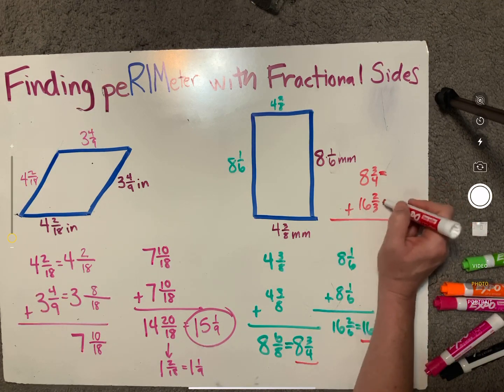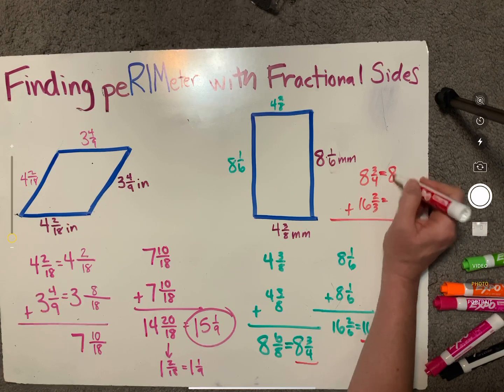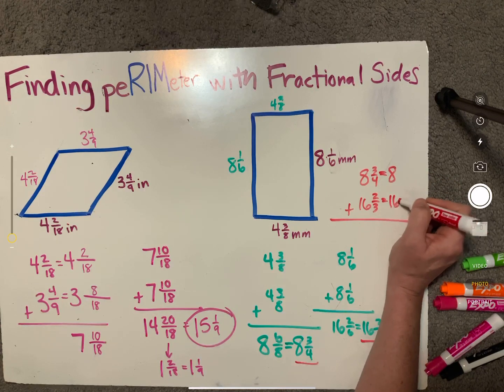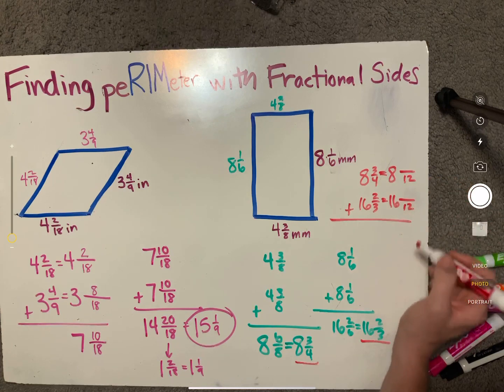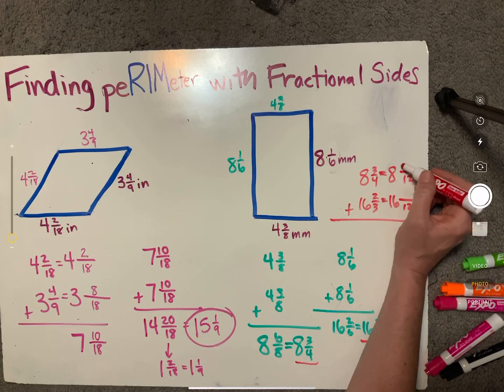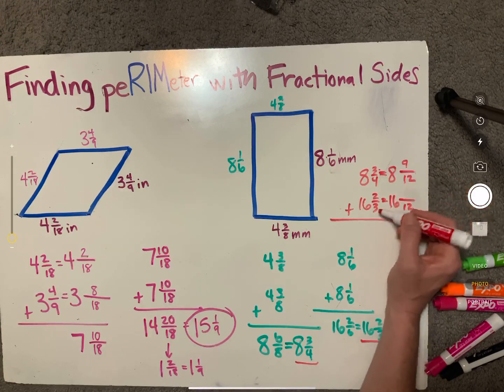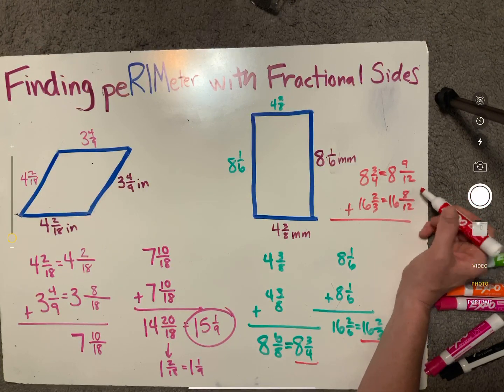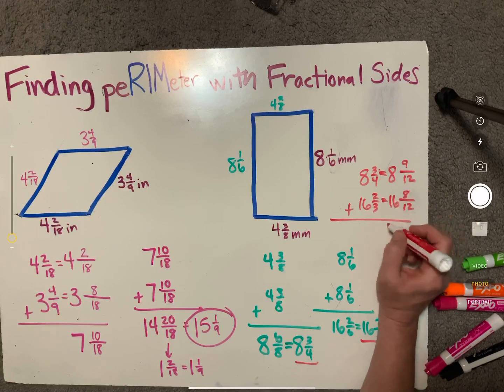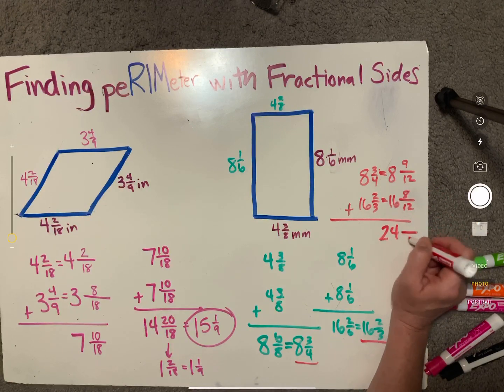our common denominator here would be 12. So 4 times 3 would be 12. 3 times 3 would be 9. 3 times 4 would be 12. 2 times 4 would be 8. So then I add this up. 8 plus 16 is 24.